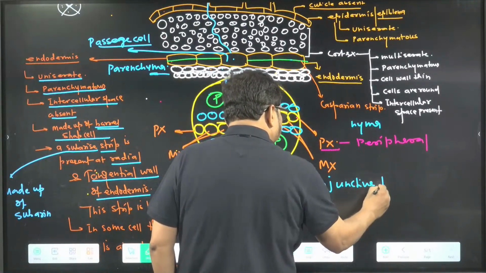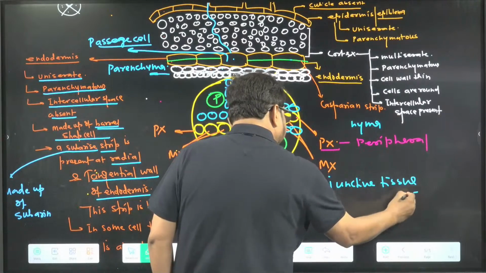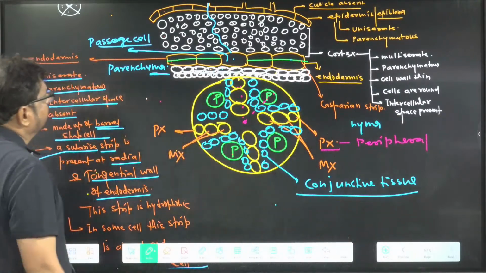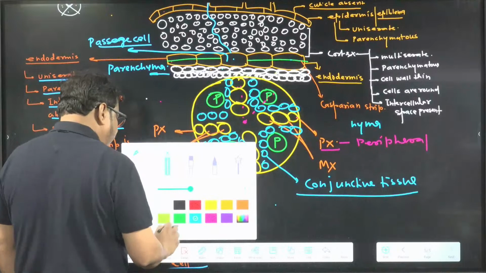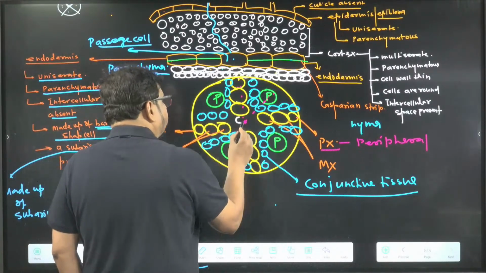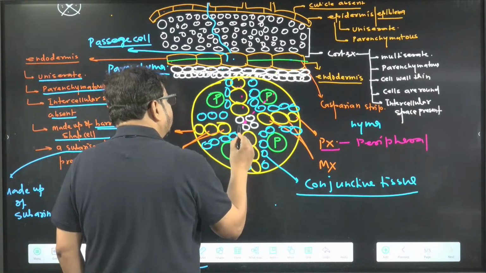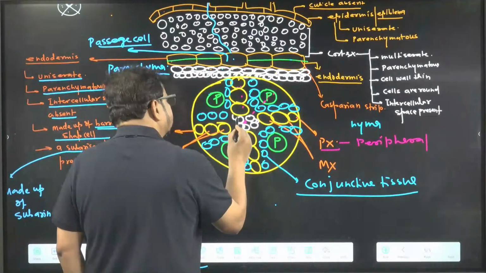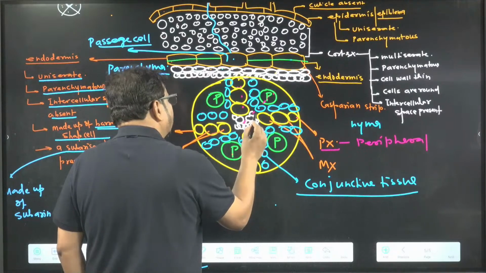Conjunctive tissue. And here you look in the central region, who is there? Pith is there. But pith is not well developed. Pith is less developed. It is inconspicuous.